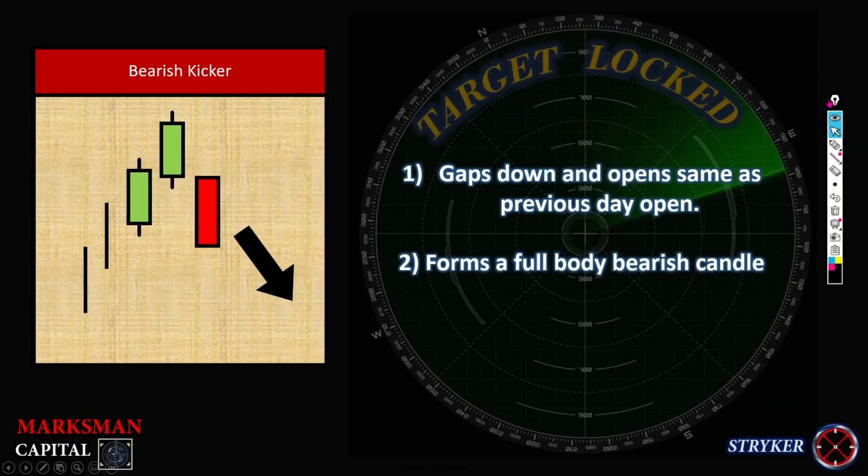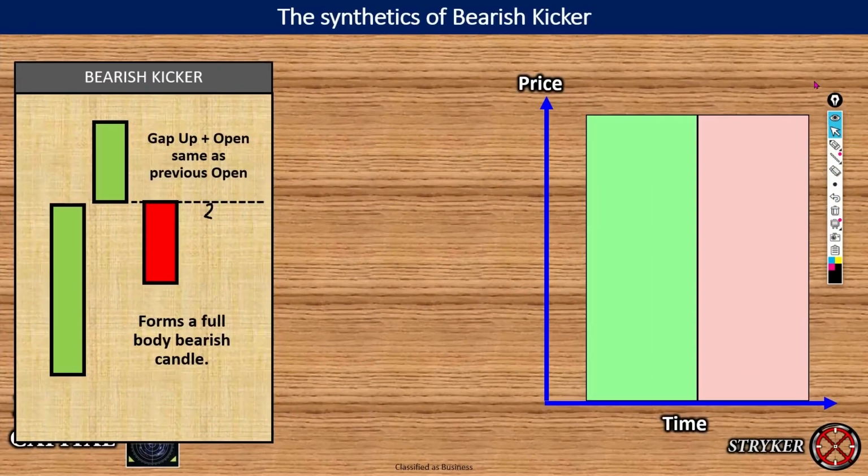So the bearish kicker. This is one of my favorites, and the criteria is that it's actually a 2 candle combination. Let's say we take this as the first day candle and this is the second day candle. We only need 2 combinations for this. Then the next day it has to form a full body bearish candle, a regular bearish body candle. So the synthetics of this, if you mix these two, what will actually happen?